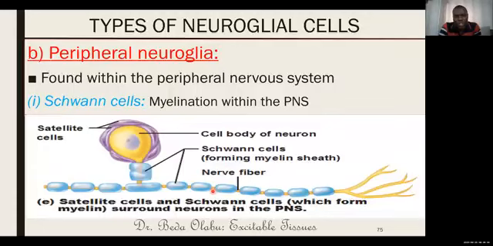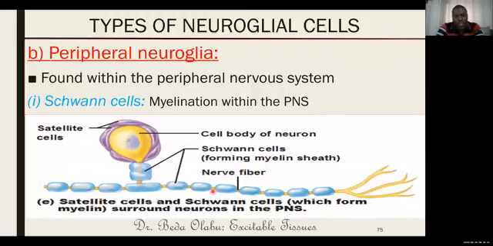One of the differences is that in central myelination, we're using oligodendrocytes. In peripheral myelination, we are using Schwann cells. Another difference is that in central myelination, oligodendrocytes can wrap around multiple axons. In peripheral myelination, Schwann cell can only wrap around a single axon.